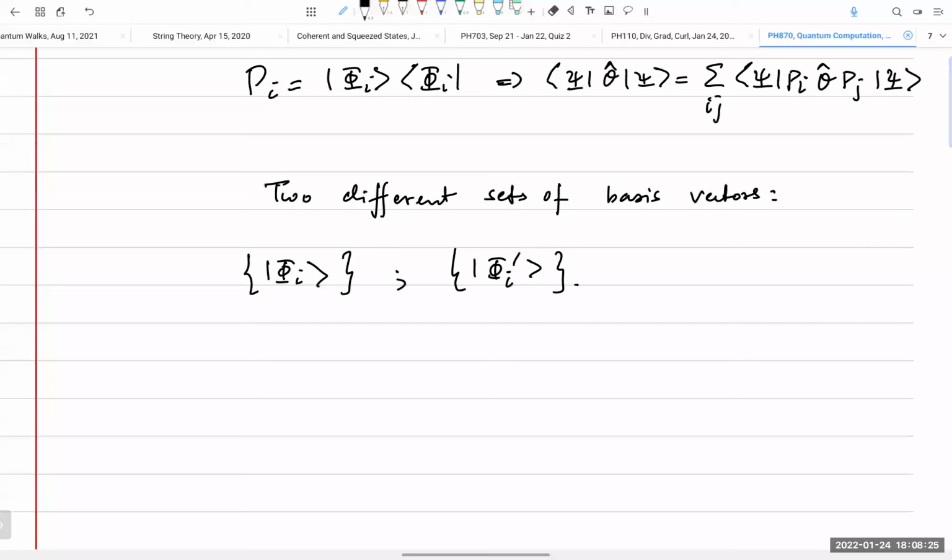So in particular, in the case of superdense coding, for Alice this would correspond to the computational basis, and for Bob this would correspond to the Bell basis.